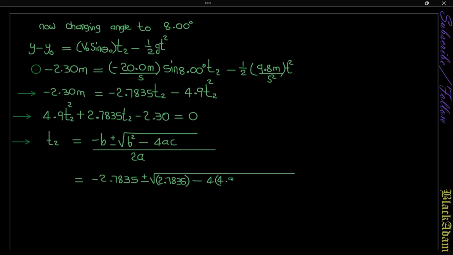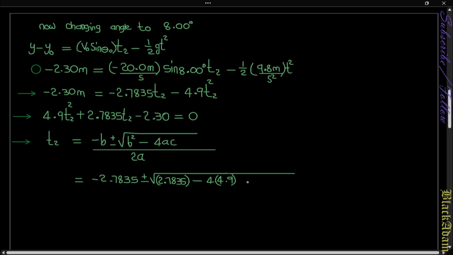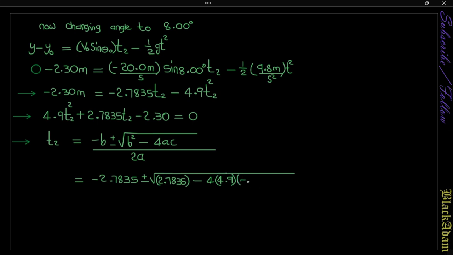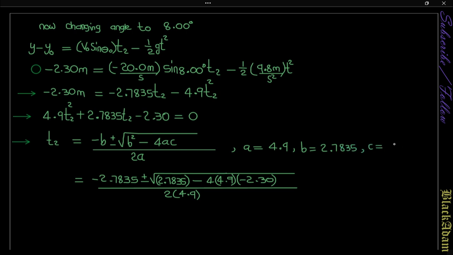Our a is 4.9 and our c is negative 2.30. Remember that over 2a, a is 4.9. So our a is 4.9, b is 2.7835, our c is negative 2.30.